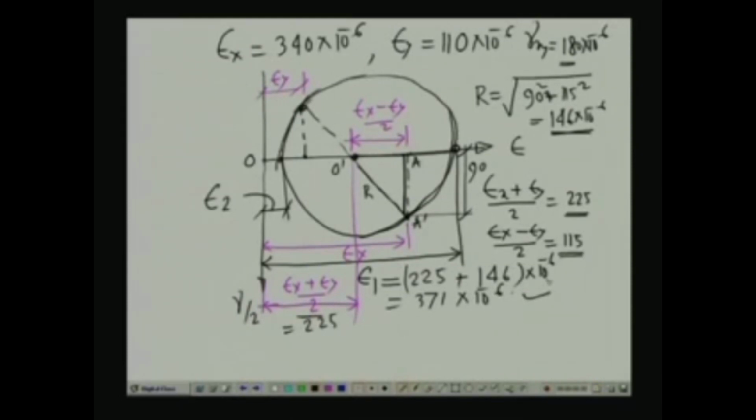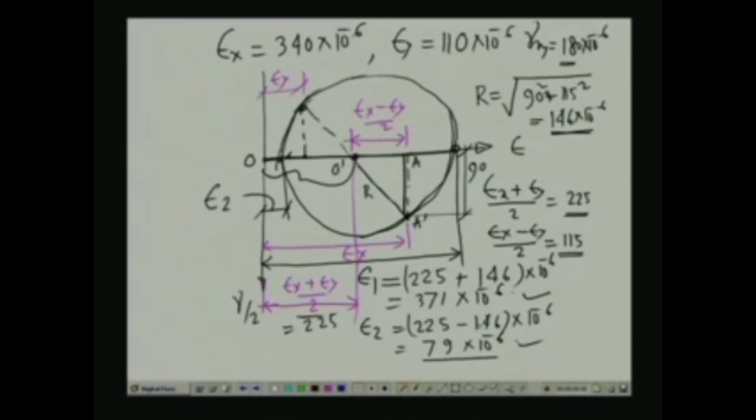And the minimum normal strain epsilon 2 is again the distance O dash minus the radius. So, O dash is 225 minus radius 146 into 10 to the power minus 6. This gives us a value of 79 into 10 to the power minus 6. So, these are the values of the maximum normal and the minimum normal, the principal strains.